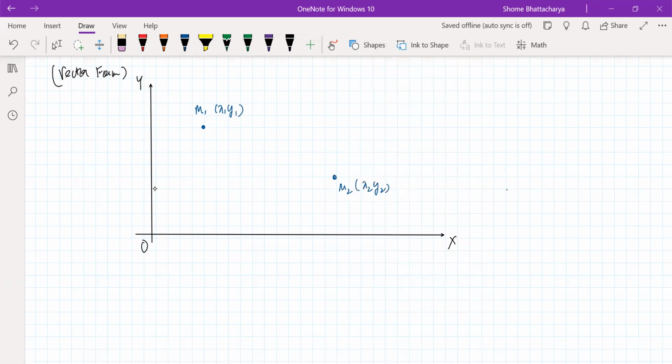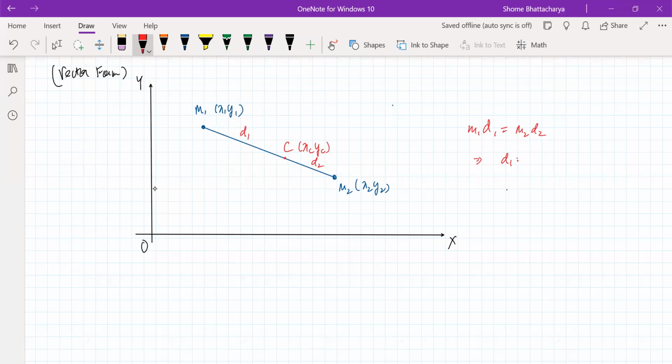So this is the line joining the two particles. As we know, the center of mass will now be at some point here, let's say, such that its coordinates are XC, YC. So the center of mass is dividing this distance between them into D1 and D2 such that M1 D1 is equal to M2 D2.